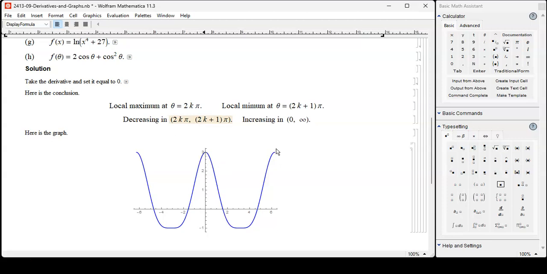So 0 to pi, 2 pi to 3 pi, or 4 pi to 5 pi, and so on. And then increasing from 2k minus 1 pi to 2k pi. So negative pi to 0, pi to 2 pi, and so on.